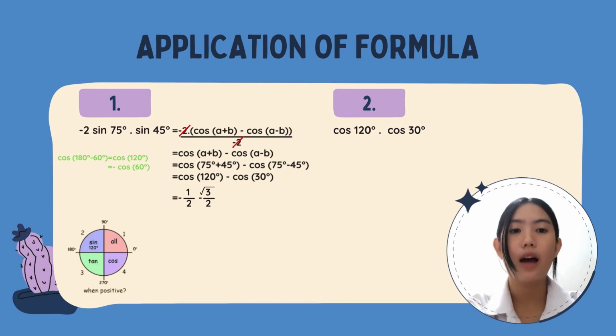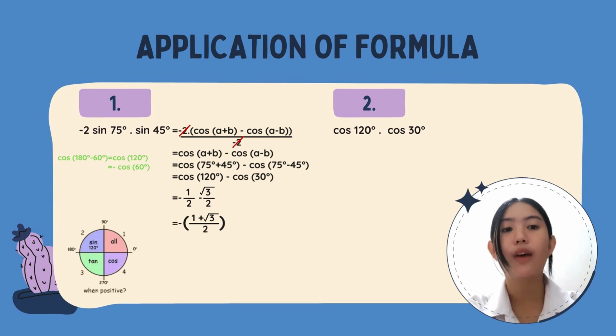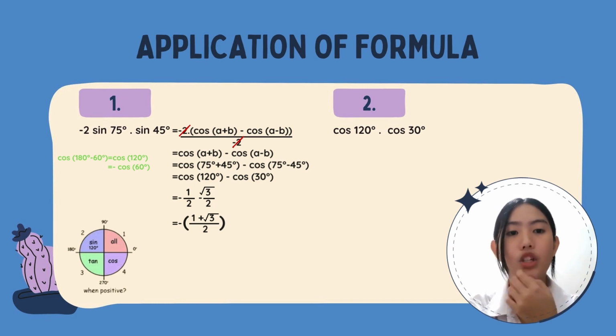And then after we get this, we can just change the form into negative (1 plus root 3) over 2. So why can the form become like this? Because when you see the final form like this, you can do a rainbow multiplication for the negative sign in front of the bracket into the values inside the bracket. And it's just going to change it into the same form as the previous one, negative 1 over 2 minus root 3 over 2 again.